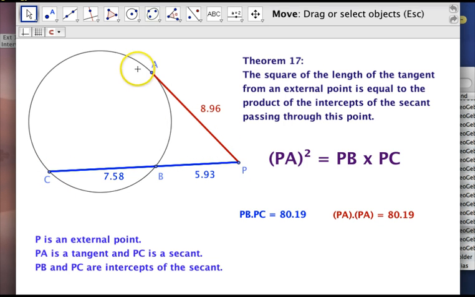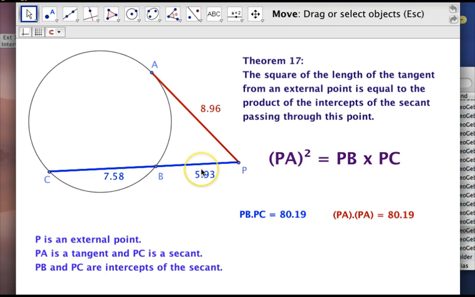And PA is called a tangent, and you can see it written there. If I continued A along, it would only touch the circle at one point. PA is a tangent, PC is a secant. So P is an external point, PA is a tangent, and PC is a secant. I've written it down the bottom in purple.